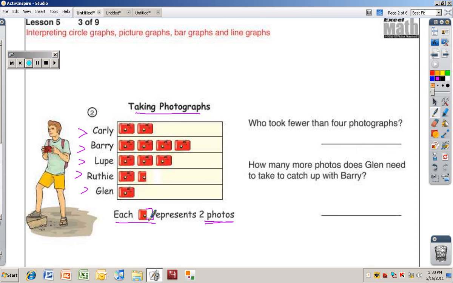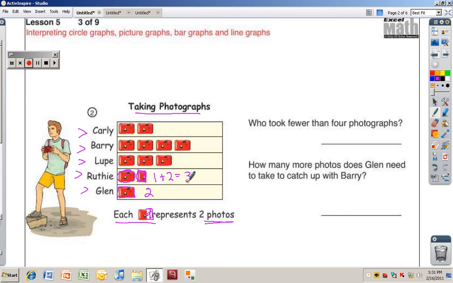This should be an entire camera like that, which I'm pretty sure it's going to look like that on your paper. So that means that Glenn, he's got a picture of a whole camera here, took 2 photos. If you see a half of a camera like this one right here, then that's going to represent half of 2 or 1. So we have this one here that's 2, and then the other one that's 1. This person took a total of 3 pictures.